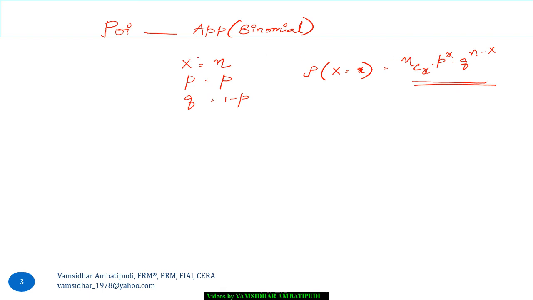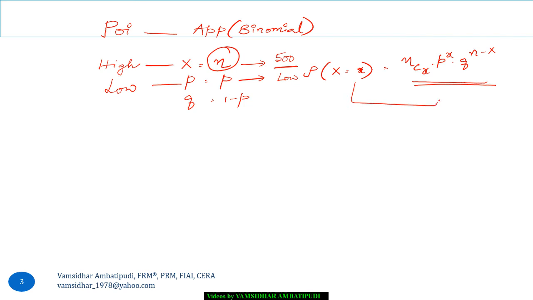Now if I am assuming that the number of events is similar to the number of pages in a book or the number of minutes in a time interval, so if n is very high and the probability of occurrence of the event is very low, I see that whatever probability we get through a binomial distribution, the same can be done using a Poisson distribution, where you take lambda as the number of successes x divided by the number of times that event is conducted.